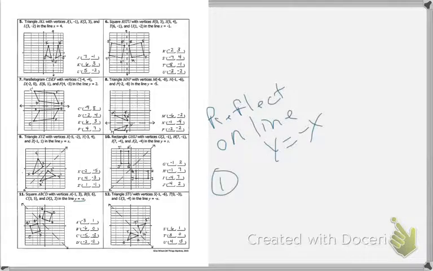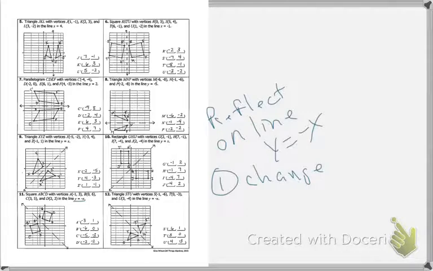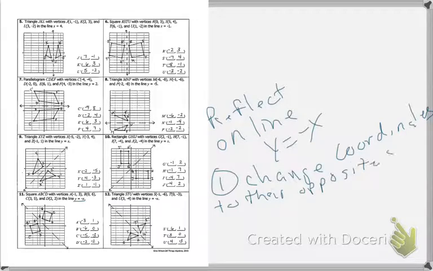Step 1, change coordinates to their opposites. And then the last step is flip them.